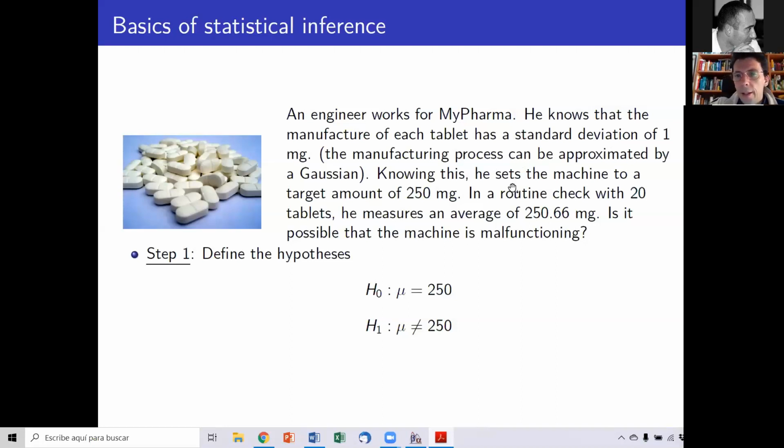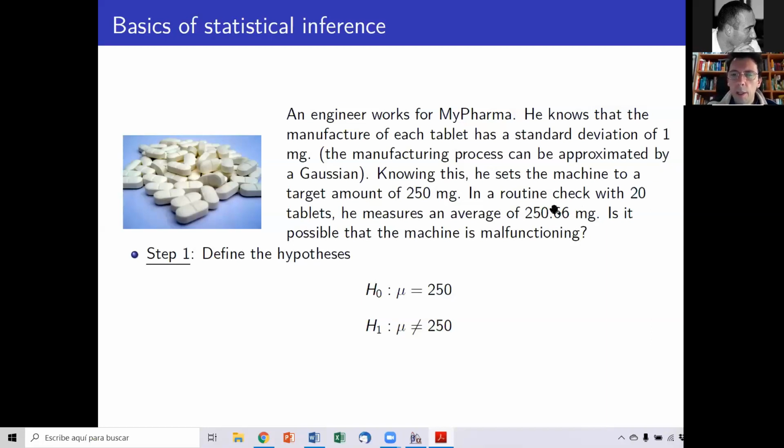Then every month, let's say that you take 20 tablets, you measure the average amount of drug in the tablet, and you observe 250.66 milligrams. So then you wonder, okay, this 0.66 is away from 250. So there is a small deviation.